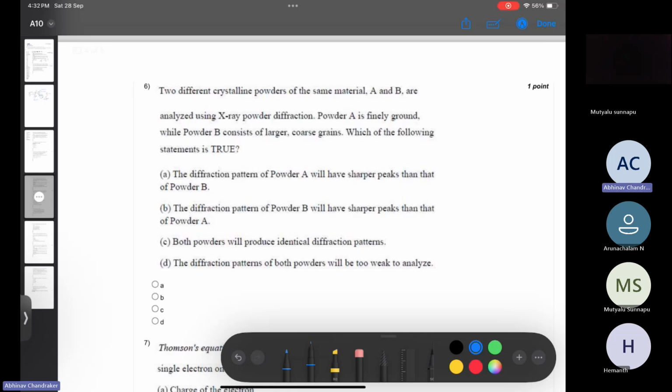Question 6. Two different powders A and B are analyzed using X-ray diffraction. A is finely ground and B consists of coarser, larger grains. So which of the following statements is true?